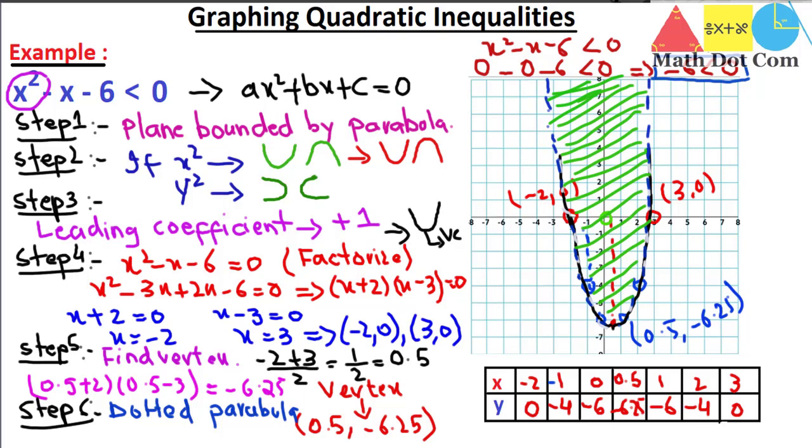So this is how you can check whether you have to take the area inside the parabola, enclosed by the parabola, or outside the parabola. You have to put 0, 0 in the given inequality, and check whether the inequality holds true or not. It is holding true here, so it means we have to take the area that is enclosed by the parabola. So that's all from today's lecture. Thank you.